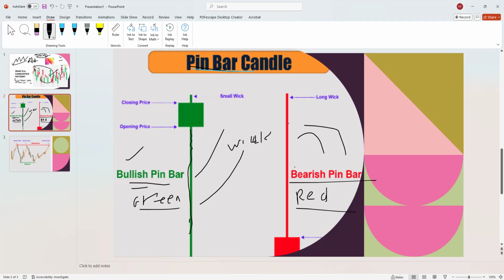What happened is the buyers just pushed the price up, and the stock closed high, here. That's why we call it bullish.